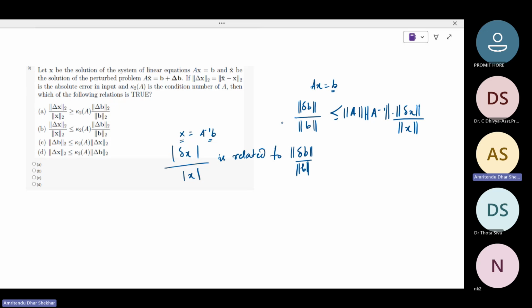And of course you know that the condition number of A is equal to the condition number of A inverse. So hopefully this is clear how to solve it. This just follows from definitions only.